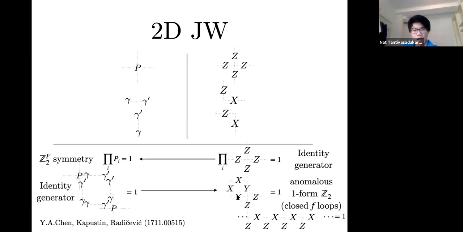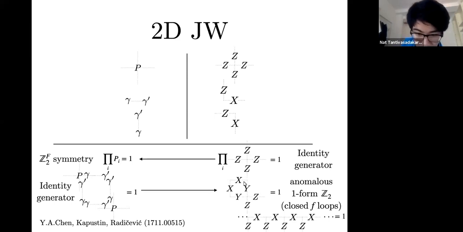So this can be viewed as a plaquette term of the toric code times a vertex term on the toric code. And that's saying that whenever you excite an E particle, a charge, you also need to excite an M particle, flux. So you can only excite the composite of them, which is the emergent fermion, in pairs.